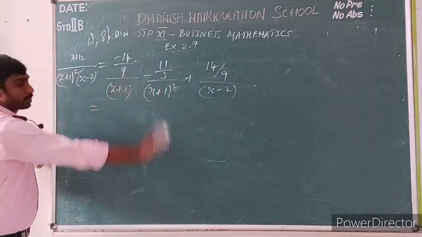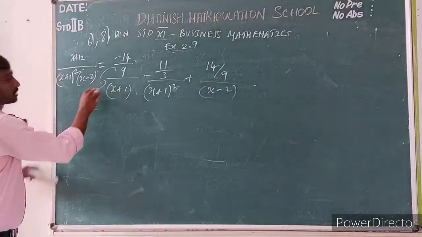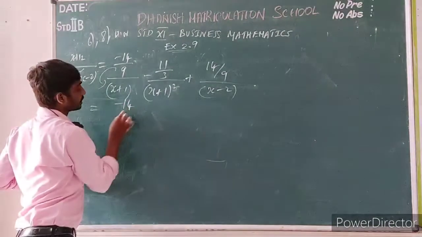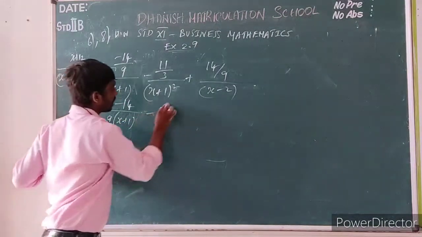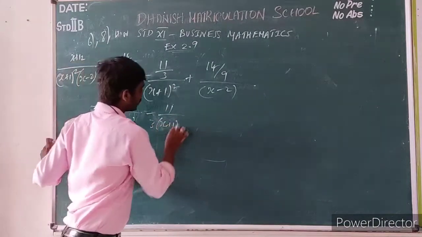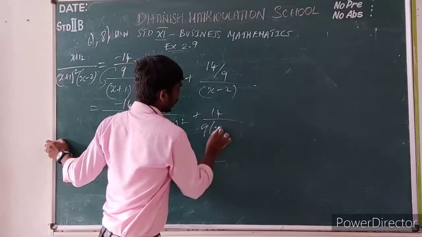Here we have one denominator, one numerator, so we have to multiply this one. Same question as last time, here also we are using the same question. 14 divided by 9 into x plus 1, minus 11 divided by 3 into x plus 1 the whole square, then 14 divided by 9 into x minus 2.